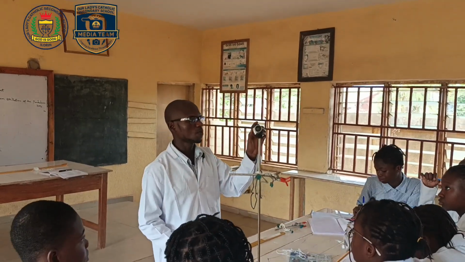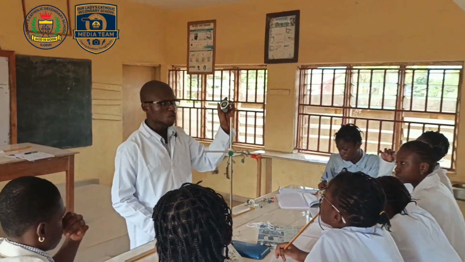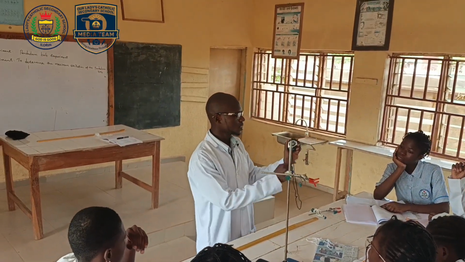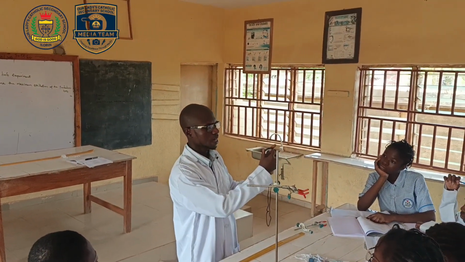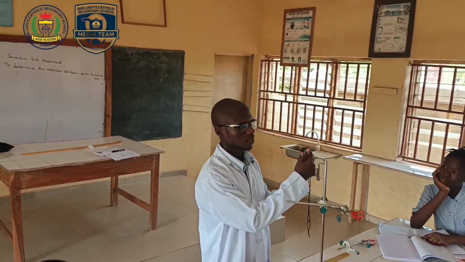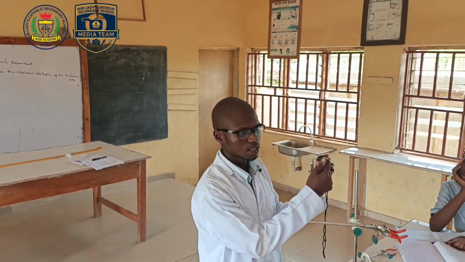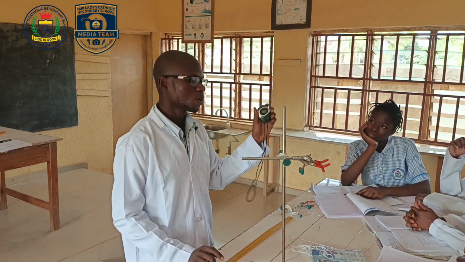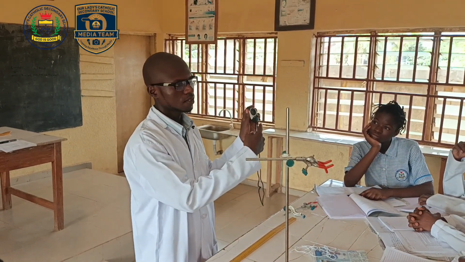So that is what we check. Your stopwatch is 0.00. When you want to start, you are pressing this side that you see start and stop there. Are you seeing it? You see start and stop. So when you want to start taking your measurement, you press start. So once you press start, it will start.